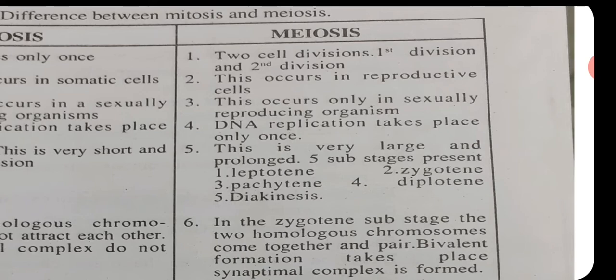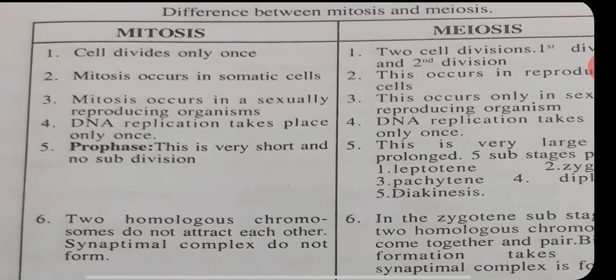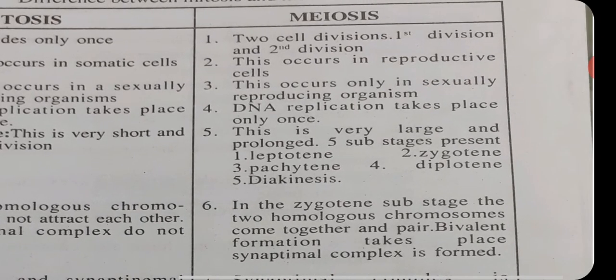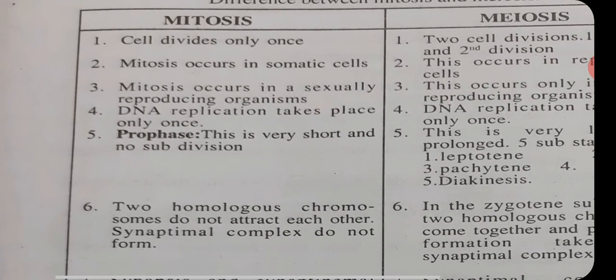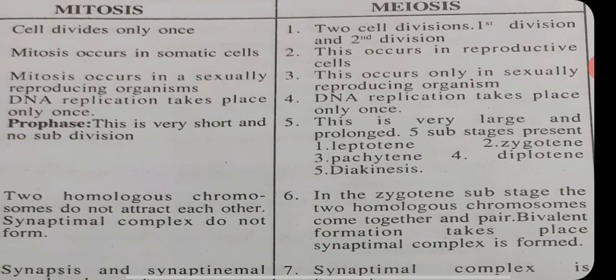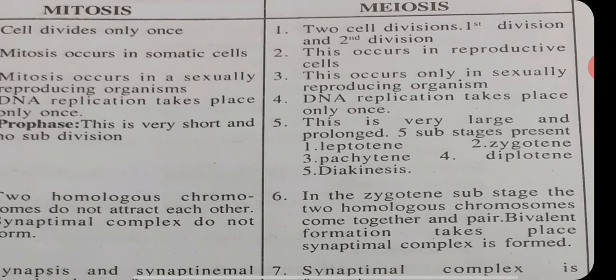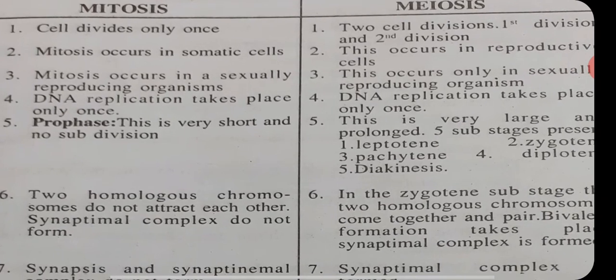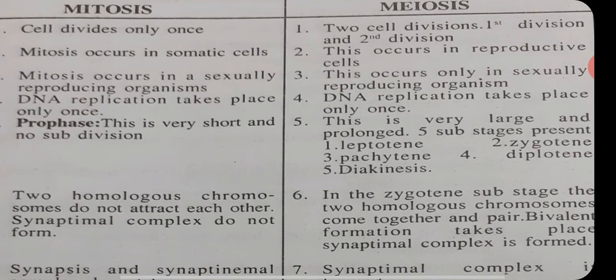First division meiosis 1, second division meiosis 2. And of course, second point, mitosis occurs in somatic cells, meiosis occurs in reproductive cells. Mitosis occurs in asexually reproducing organisms, while meiosis occurs only in sexually reproducing organisms. DNA replication takes place only once here, and here also DNA replication takes place only once.